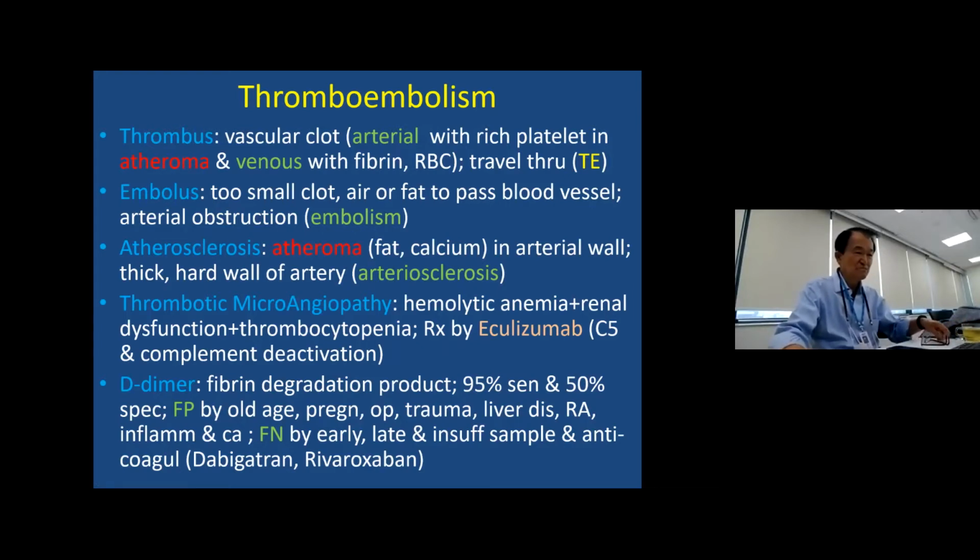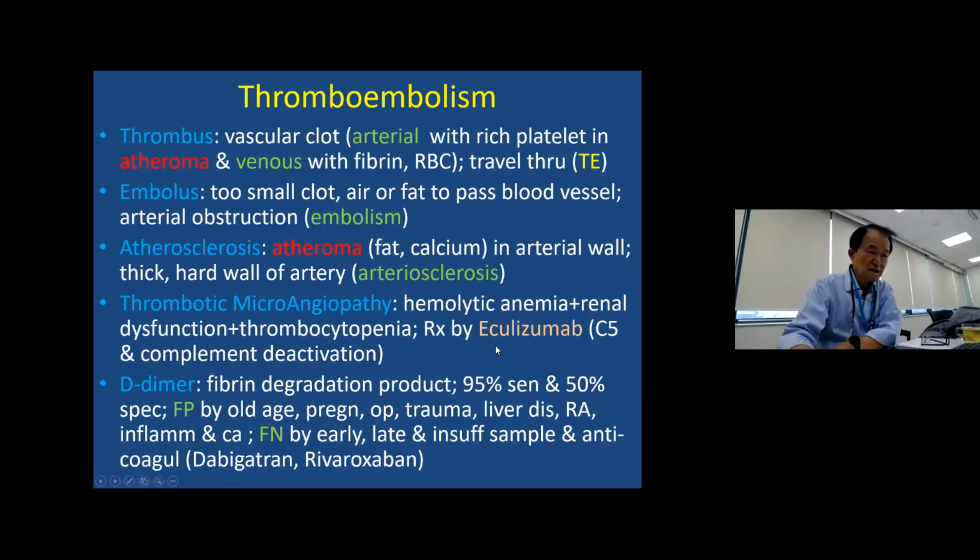Apparently it is related to microangiopathy, a small vessel blockage. And that creates certain hemolytic anemia and sometimes renal dysfunction in diabetic patients, and then thrombocytopenia in COVID virus infection.